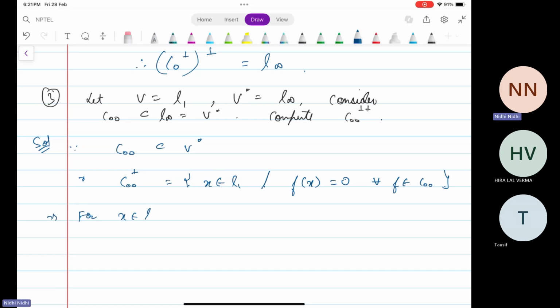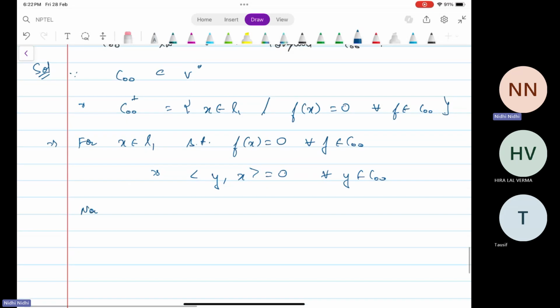So for x belonging to L1 such that f(x) is equal to 0 for every f in C00, we have y(x) is equal to 0 for every y in C00.